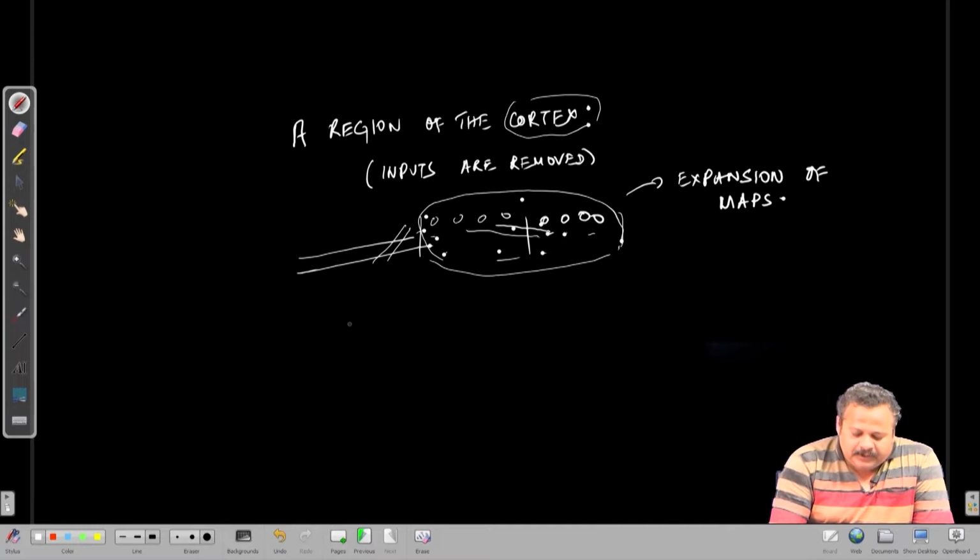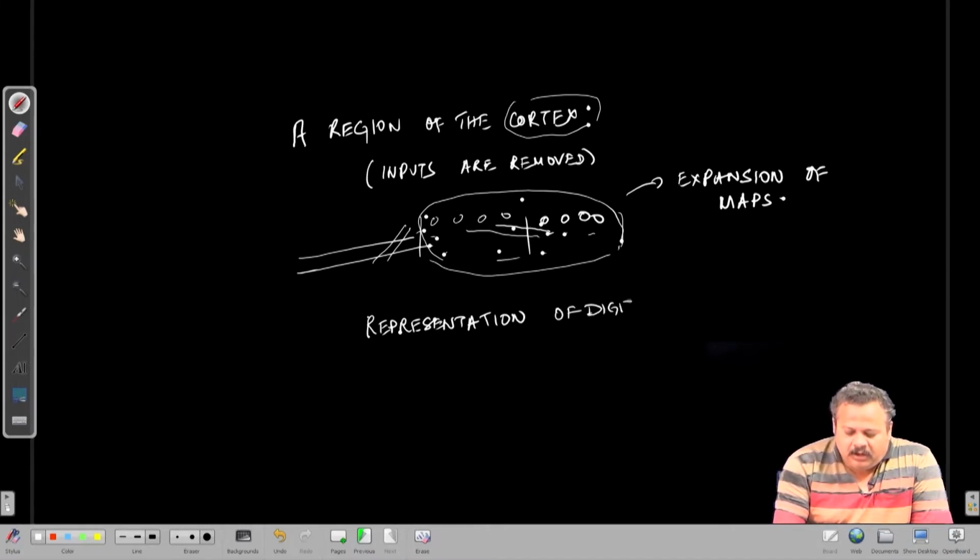There are multiple examples of these that have been studied, and the primary example that we can give is that of representation of the digits in the somatosensory system.